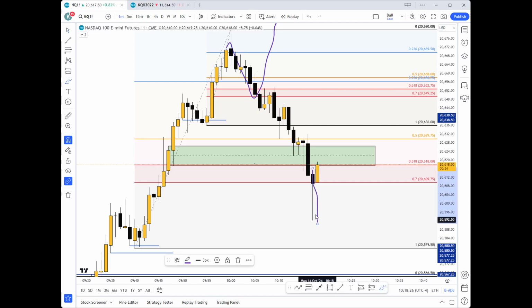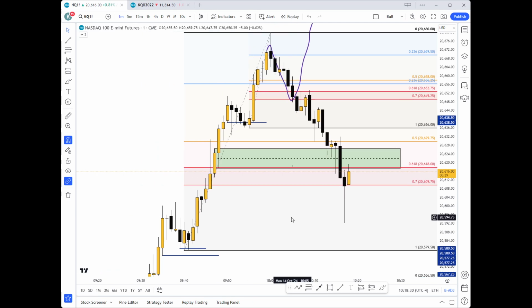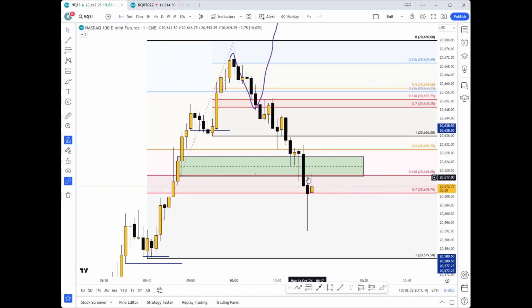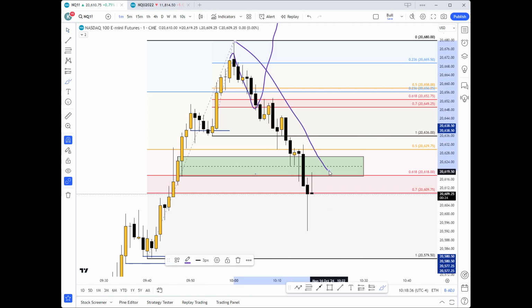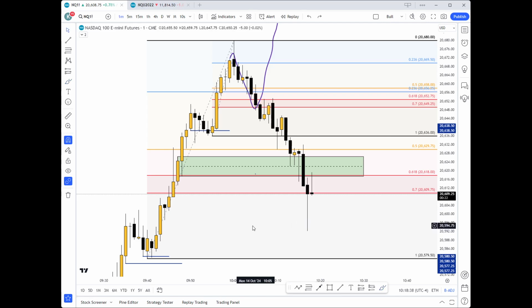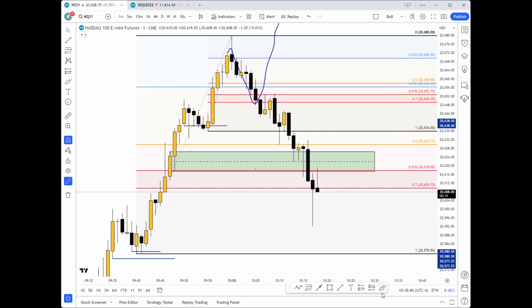That was a bit of a wild wick. Again, no trigger. If we get a candle closure above here, you might be looking at a delivery that goes above here now. Right? But we need to see some sort of reaction other than this large PA.